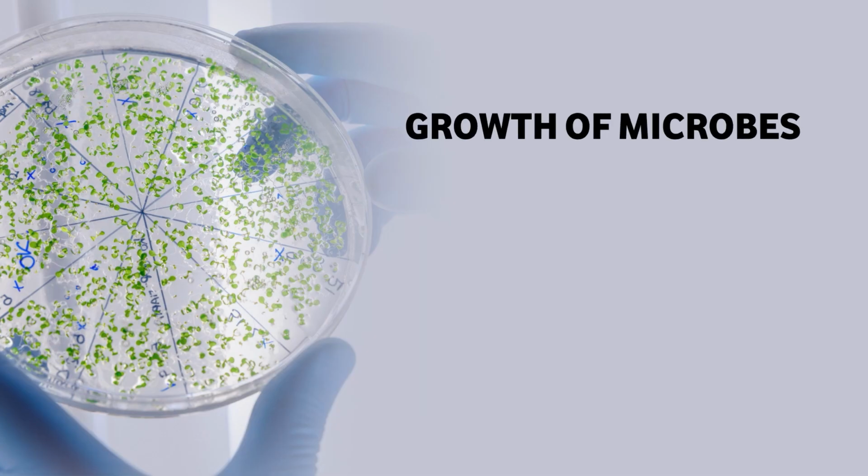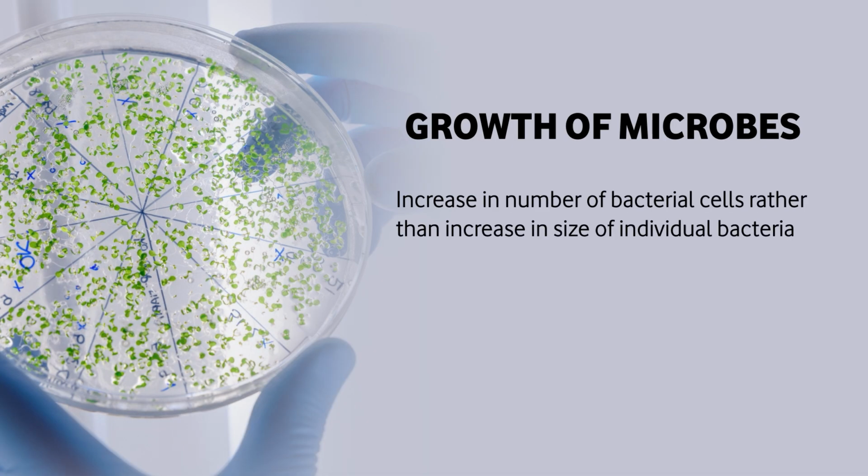So let's talk about the growth of microorganisms. Let's revise a little bit. Growth in microorganisms is basically an increase in the number of bacterial cells rather than an increase in the size of individual bacteria. So this is the basic difference between growth in bacteria and in eukaryotes like us.